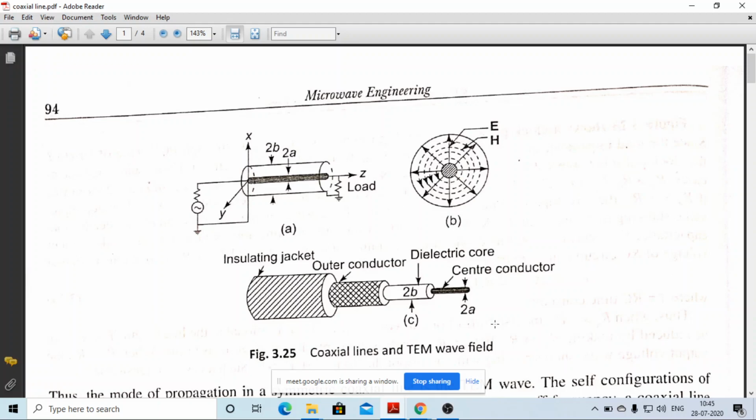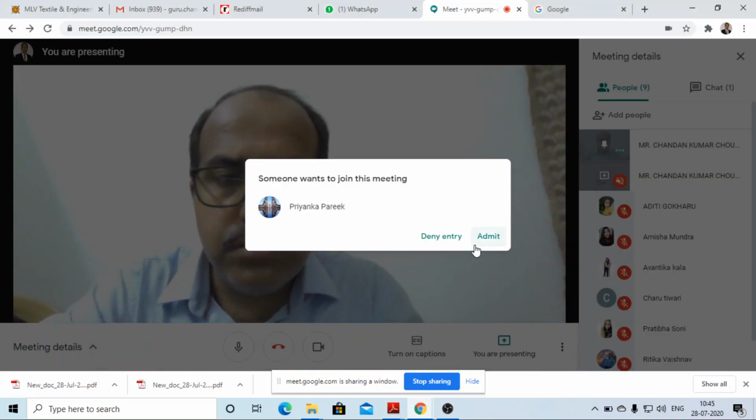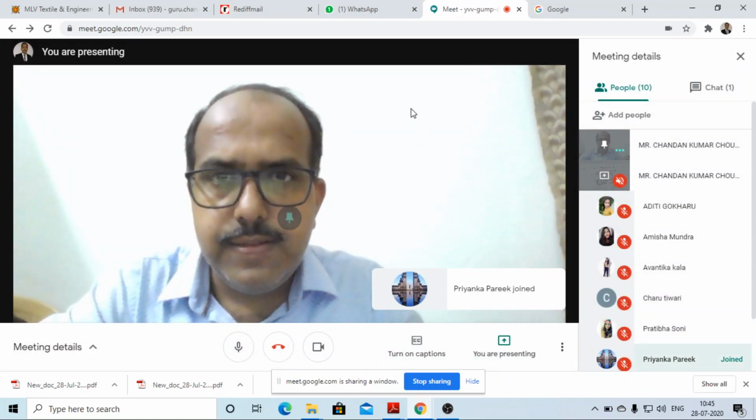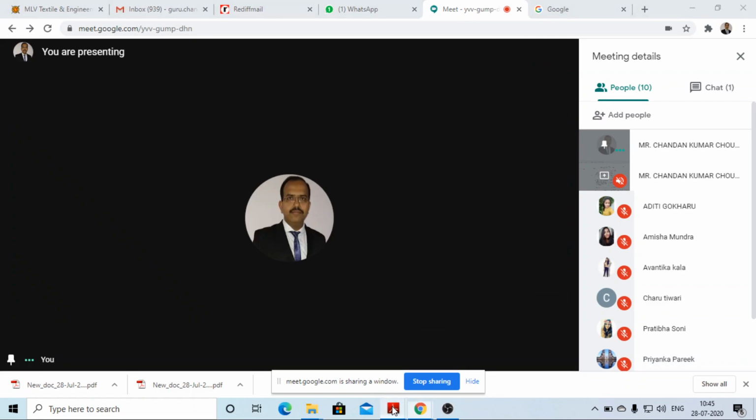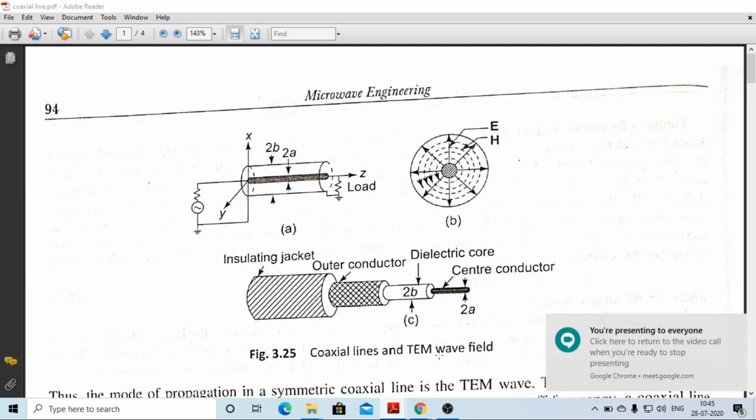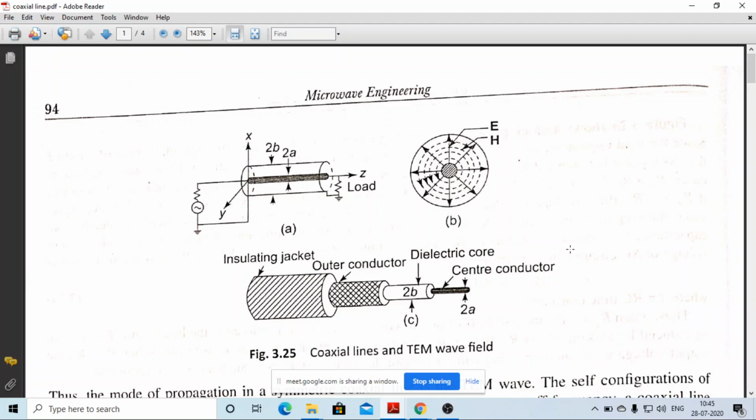So one of the possible ways is, if anyhow you are able to make your two conductors such that one conductor is covered by the other conductor, but keeping the potential difference.